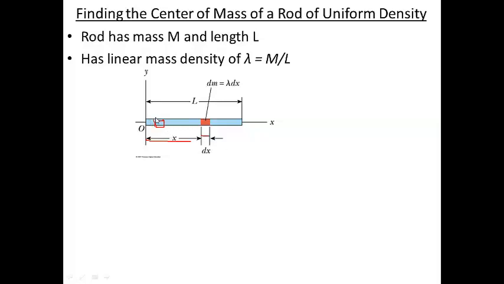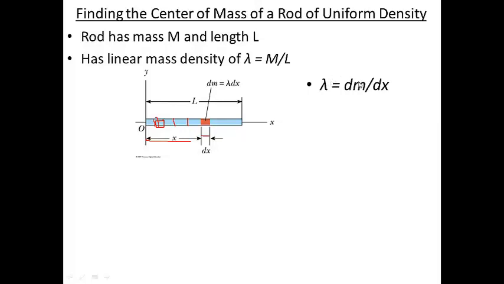So essentially we've divided up this rod into tiny sections. Each of these tiny sections will have a mass of dm. Again, d stands for a small change, so a little bit of mass corresponding to a little bit of thickness or length.